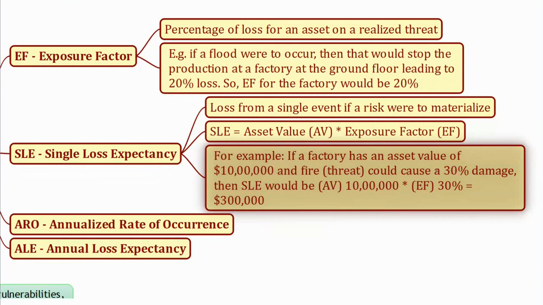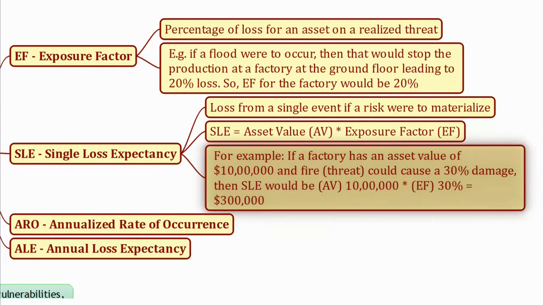And what is the asset value here? Asset value here is $1 million. So how do you calculate the SLE, single loss expectancy? You multiply AV, asset value, with exposure factor. That gives you a value of $300,000. Okay, so that will be your single loss expectancy. It means the loss from a single event if that threat or that risk were to actually materialize.